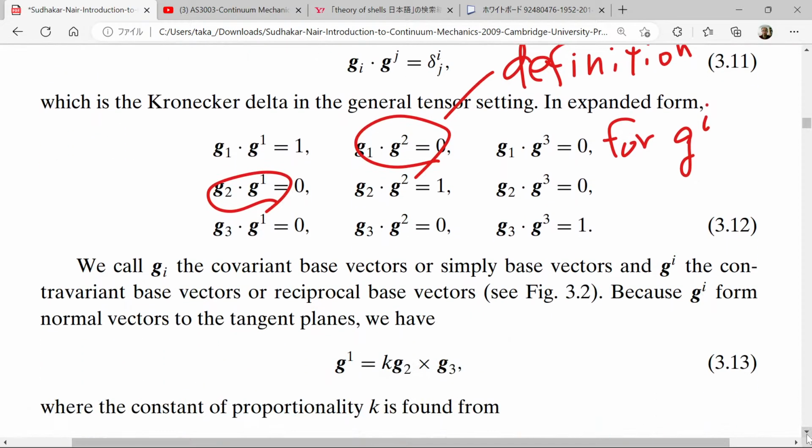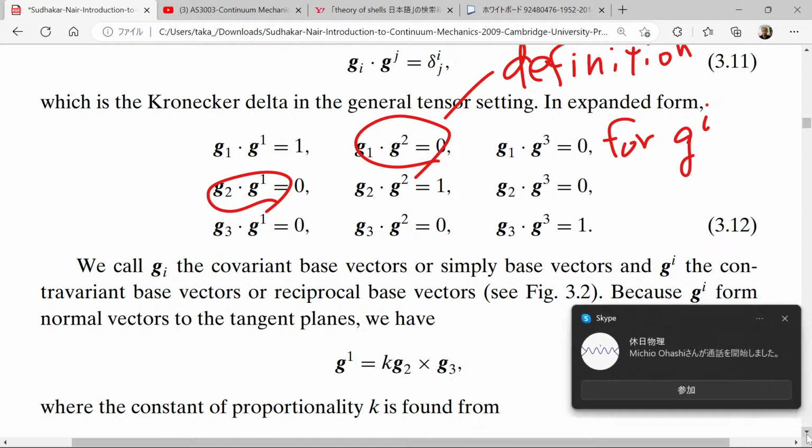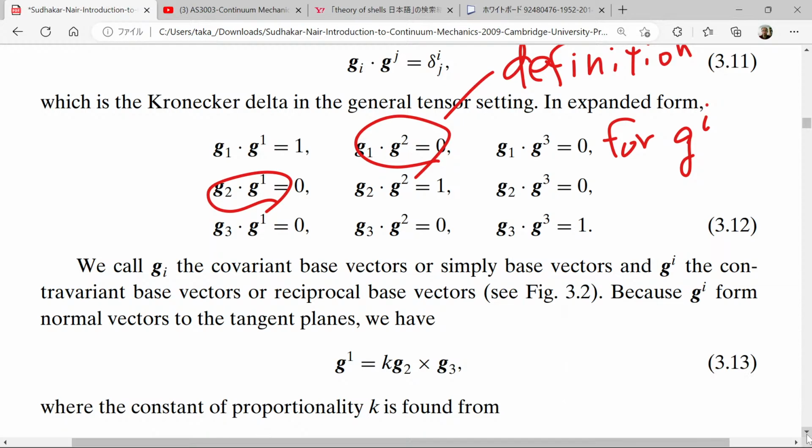We call Gi the covariant base vector, or simply base vector, and Gi up the contravariant base vector or reciprocal base vector, because Gi up form normal vectors to the tangent plane.